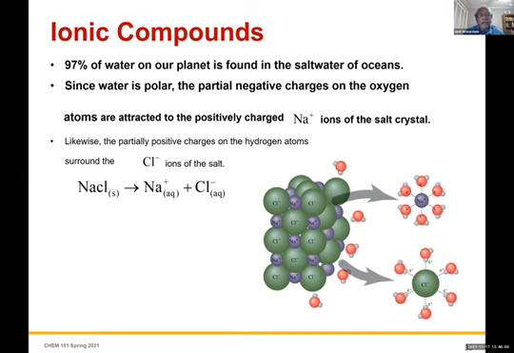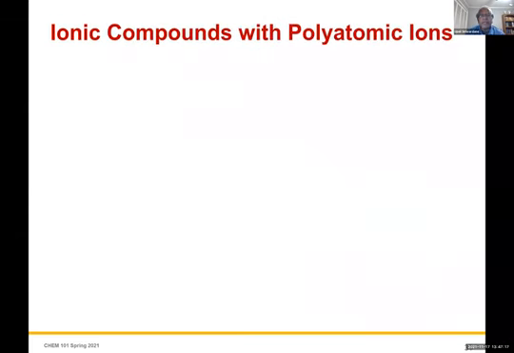So when sodium chloride goes into water solution, it dissociates, the ions are dissociated. That's what dissociation means, breaking up. Soluble, solvated aqueous sodium ions and chloride ions are produced. Dissolving a salt to form its component ions is called dissociation.